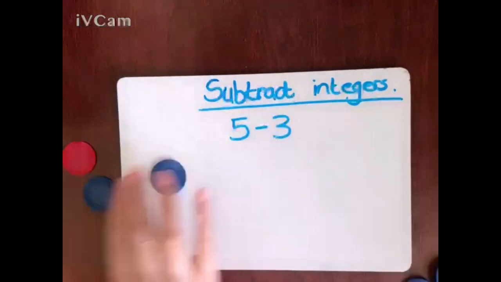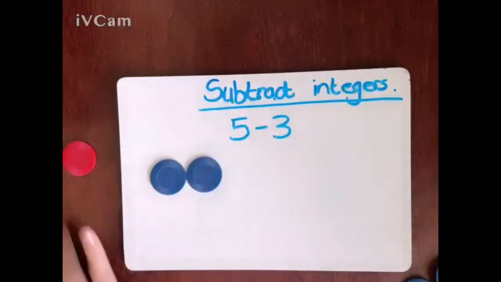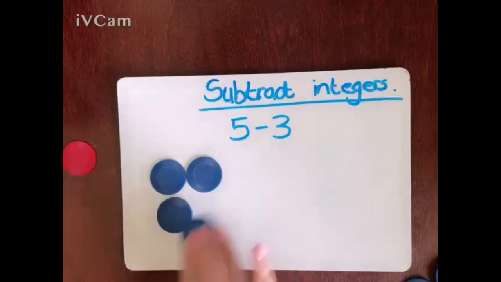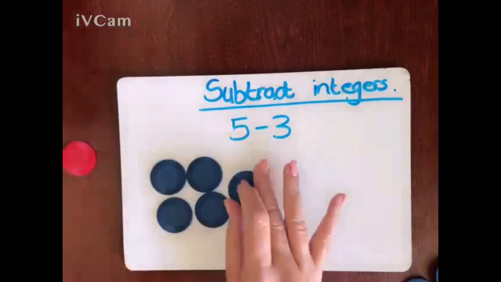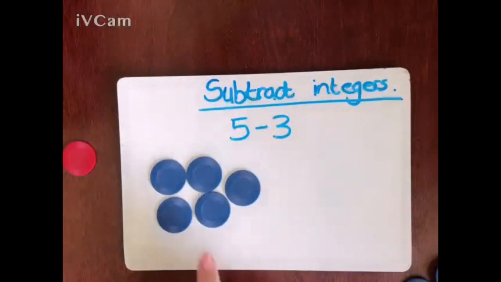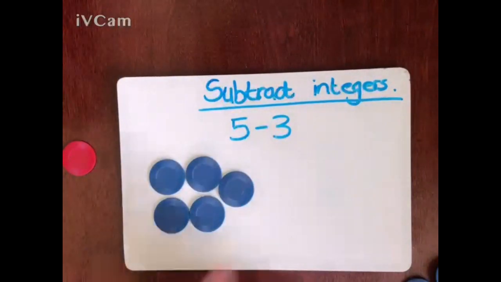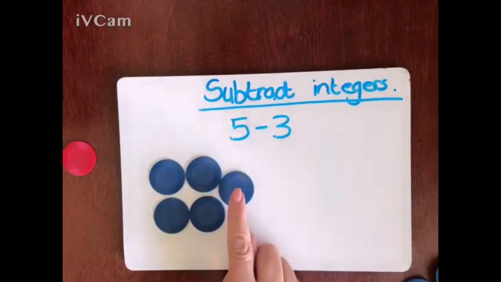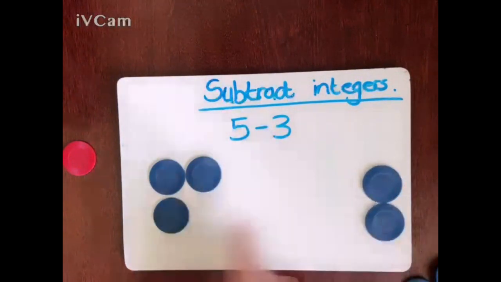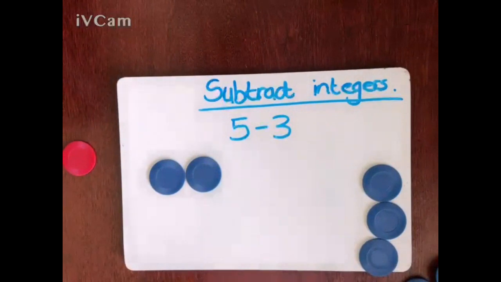5 blue discs, let's model it. I've got 5 blue Smarties, and I'm giving away 3 blue Smarties. So I'm taking it away. 1, 2, 3. I'm taking it away.